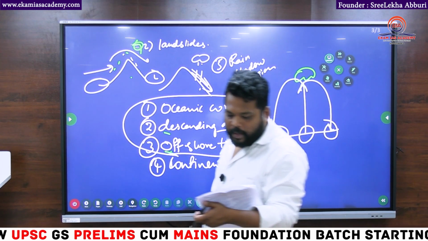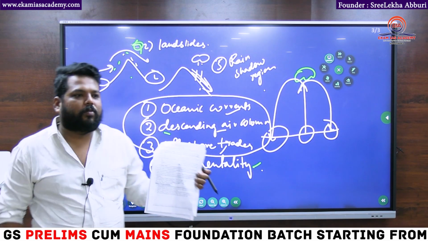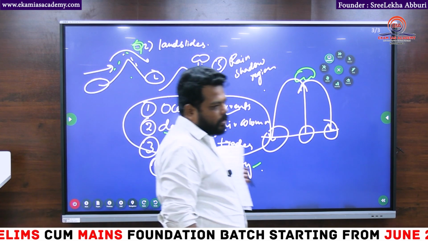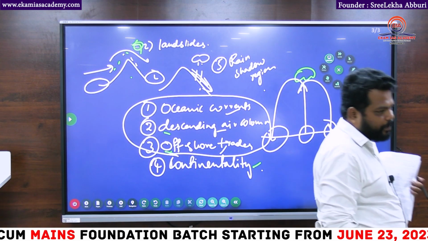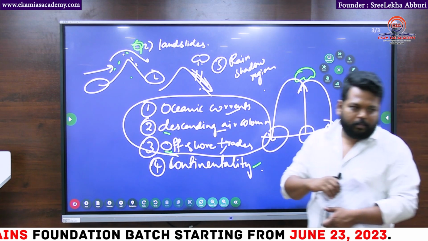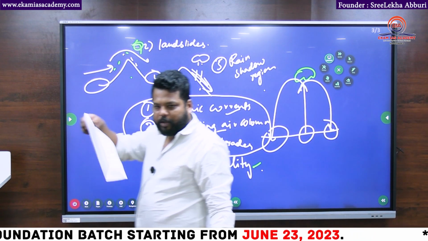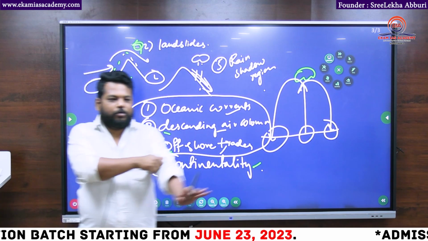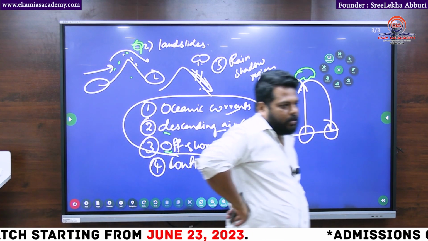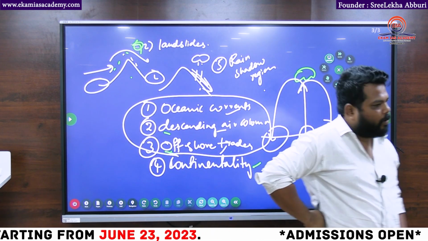Okay. And in the third part of the question, they have asked what are the effects of oceanic currents. Can you say what are the effects? Desert formations, very good.